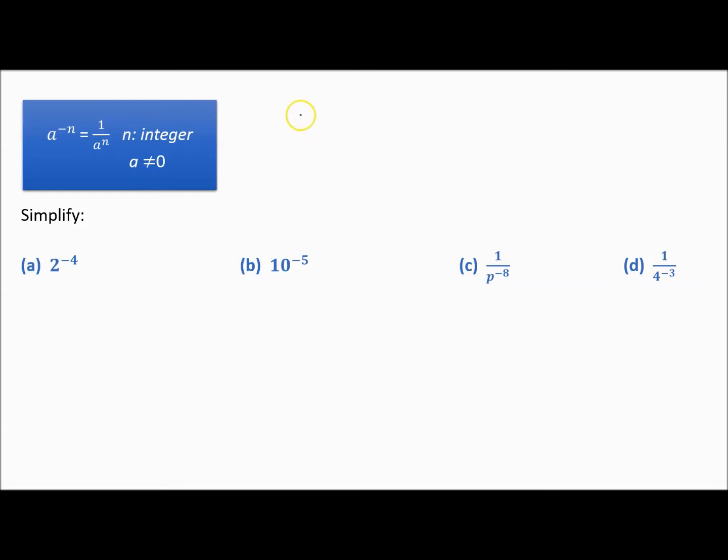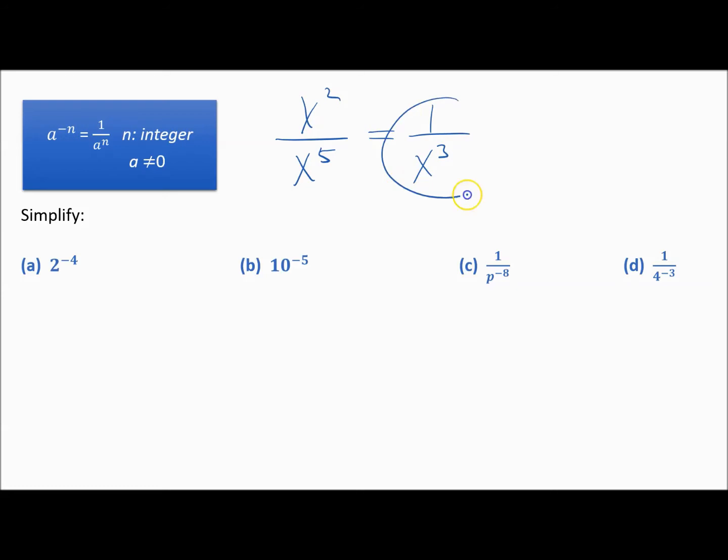So if I give you an example like x squared over x to the fifth, if we use the rules that we learned earlier about when you divide exponents, if you just subtract, now earlier what we did was subtract the bigger number minus the smaller number and leave the bigger one where it is. So if I do that, that's going to be 1 over x to the third.